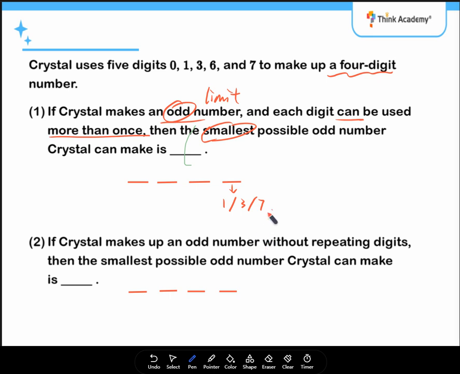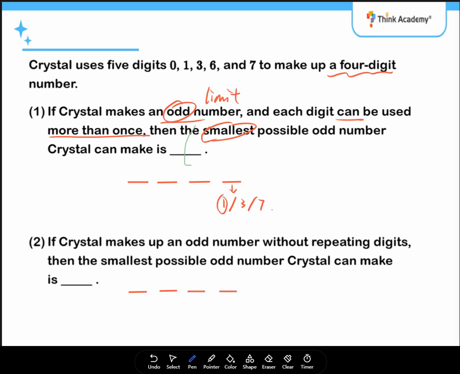To make the whole number smallest, in the final digit, should we make it large or small? Some of you may want to use 1 in the final digit, but where should we use 1? Last? Very good.